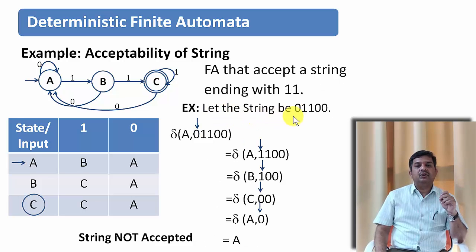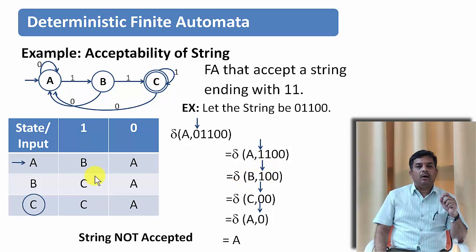Now let us take 01100. On this table, the starting state is A. On A, 01100, we take the first symbol. A on 0 goes to A. We reached state A. The remaining string is 1100. The first symbol is 1, so A on 1 goes to B. Now the remaining string is 100 and the first symbol is 1.